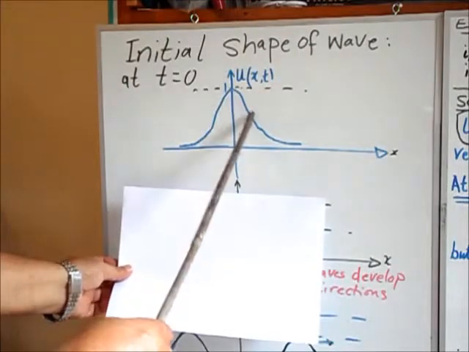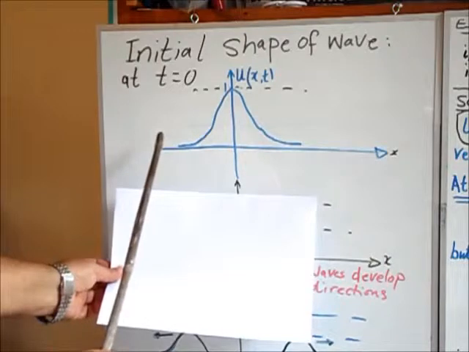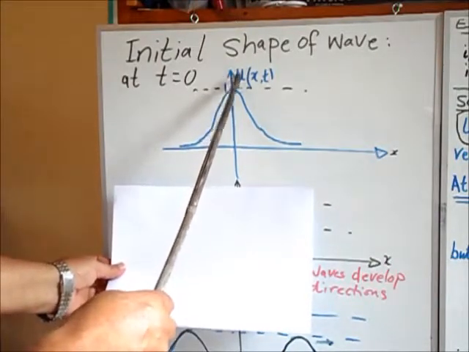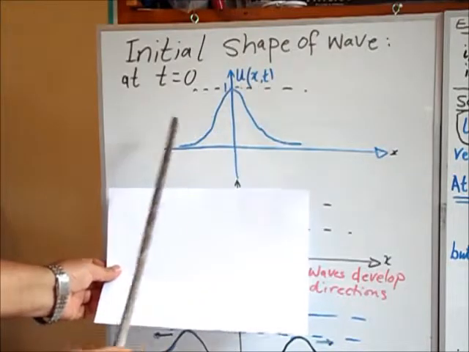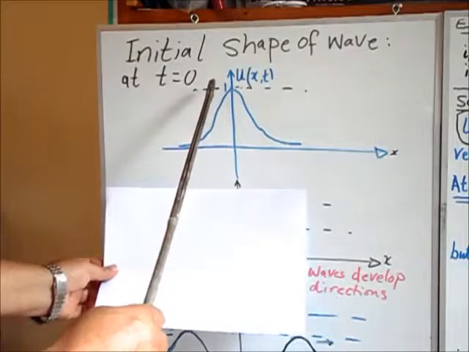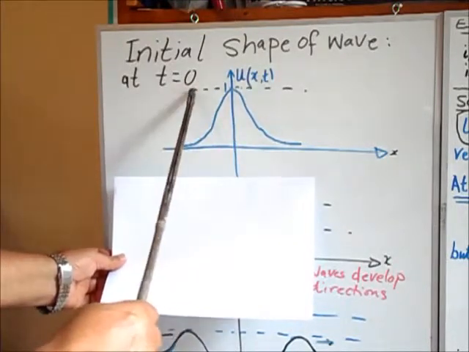So it will look like this on this side and like this on this side. So this axis is u of x of t. So it's just one wave. As we can see, its amplitude is 1. So this is at time t equals 0.